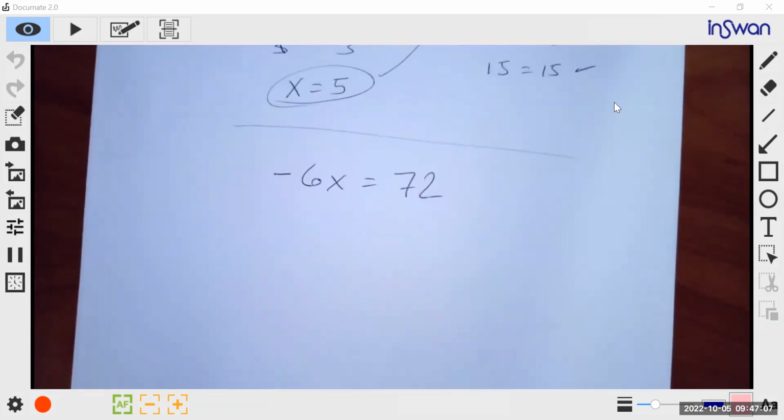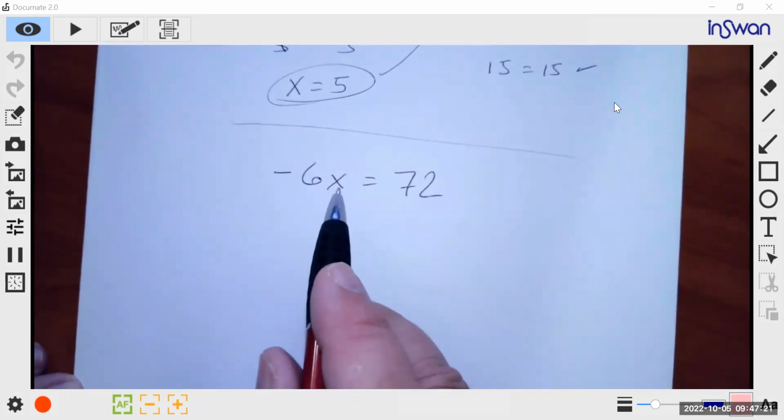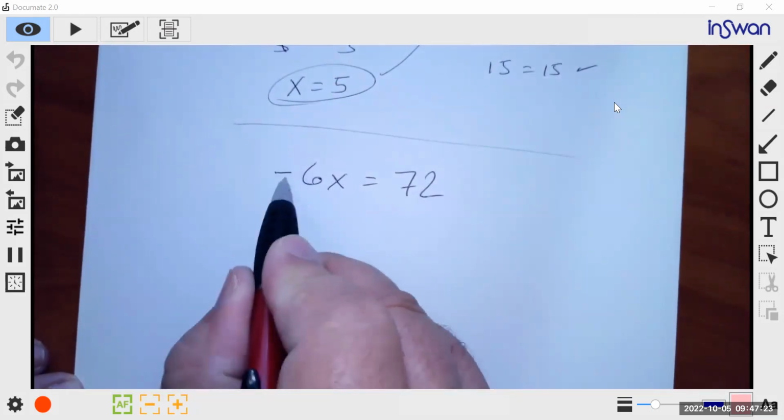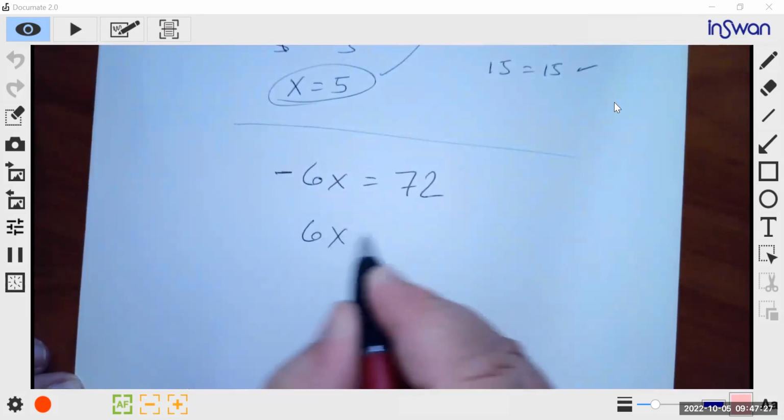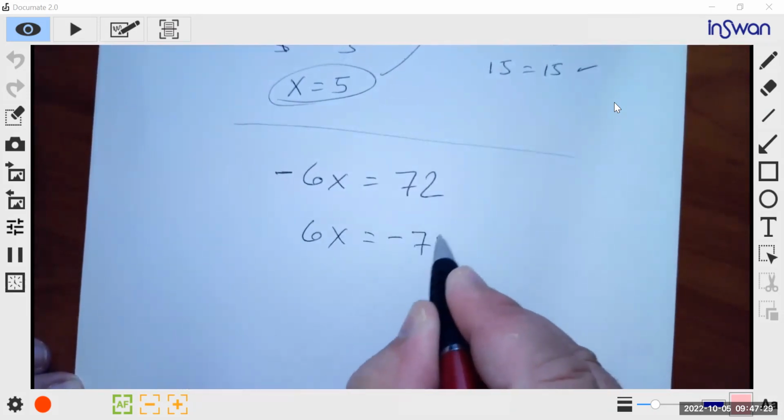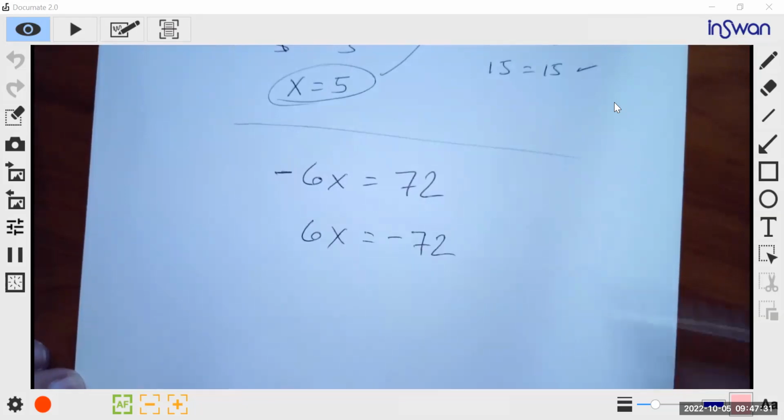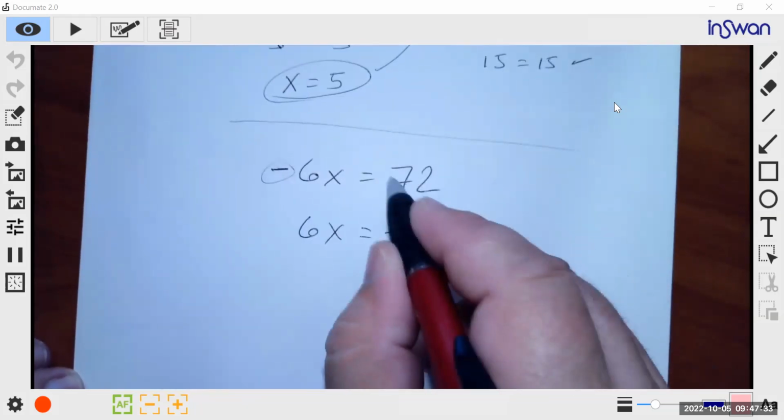How about that one? How is 6 connected to X? Multiply. So since it has a negative in front, the first thing you have to do is get rid of that negative. I move it to the other side. I change all the signs across the equation.